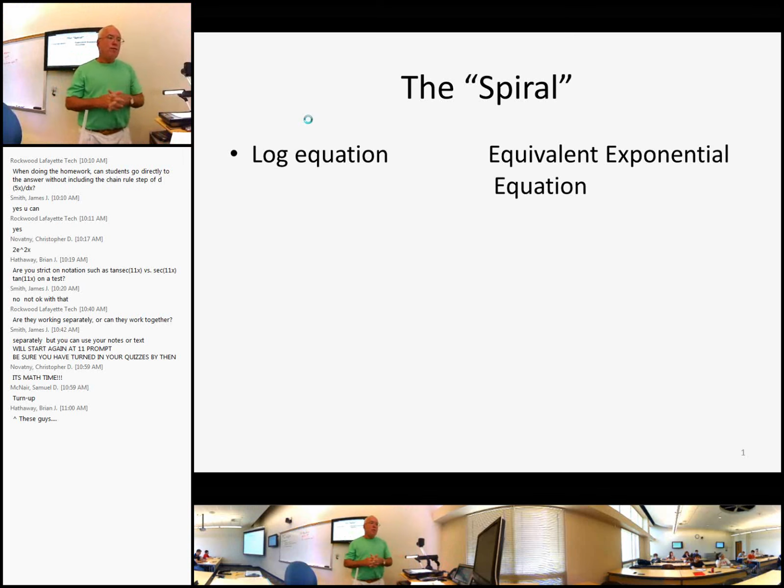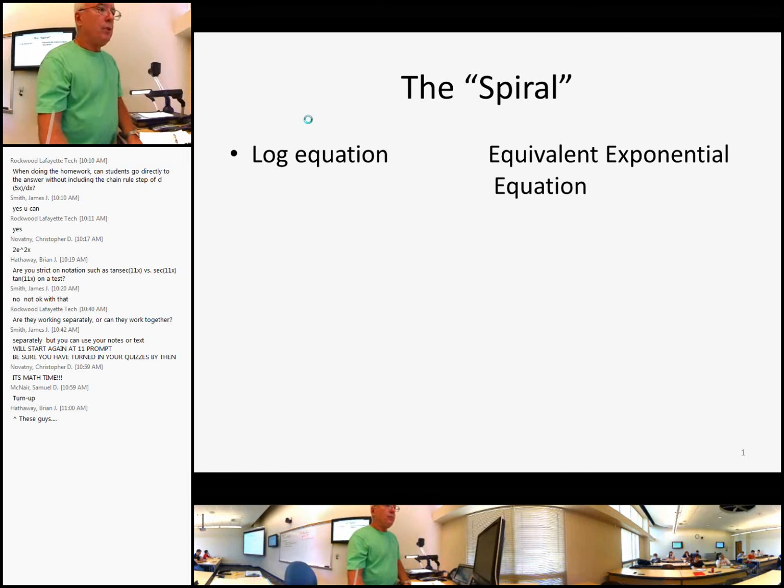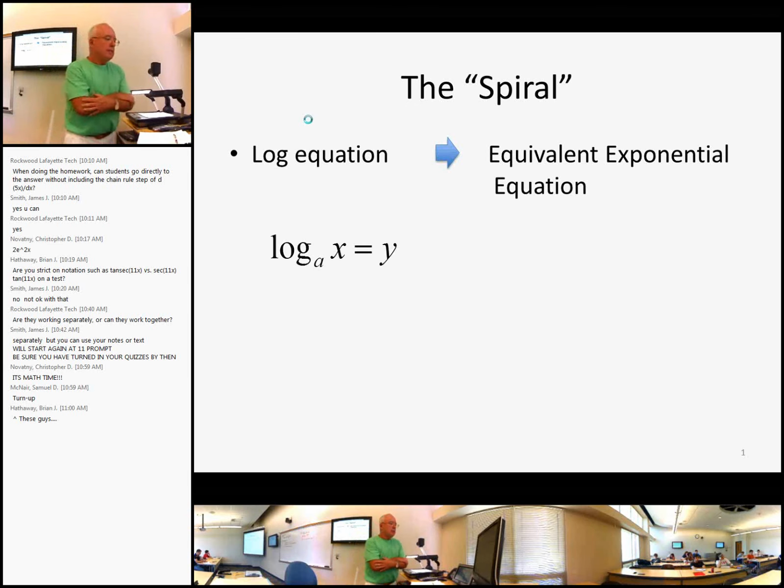So this is what I mean by the spiral here. We can go from a log equation to what's called an equivalent exponential equation. So let's look at this log equation here: the log base a of x equals y. That's an equation with a log function in it. Now, this y is really an exponent for the base.